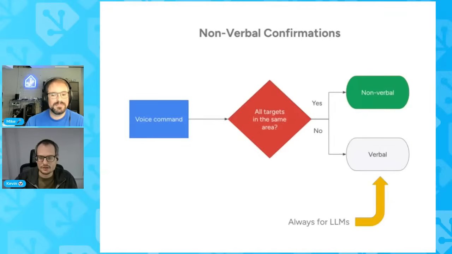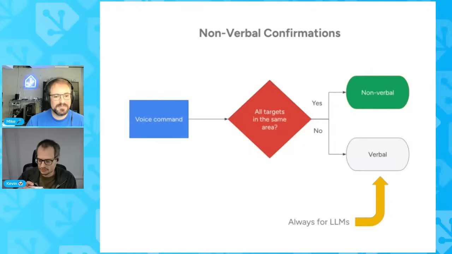Is it targeting only entities in the current area? If that's the case, then it just will play a nice ding. You probably heard it before when I was trying to get the lights to turn off and on. It just dinged. It didn't say the full phrase. But if any of the entities and targets that I'm trying to modify with your voice command are elsewhere, it'll give you some verbal confirmation.